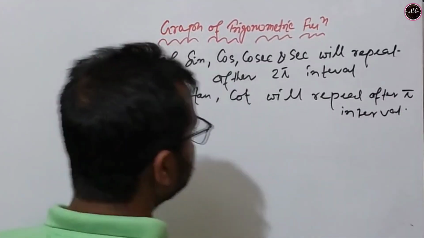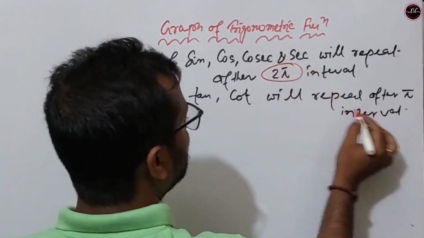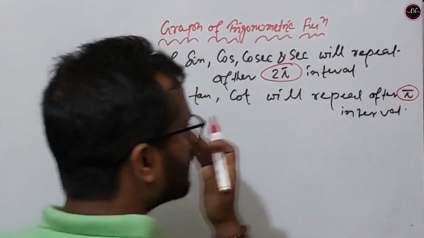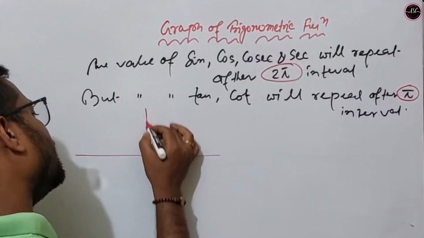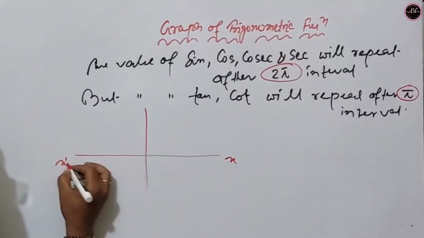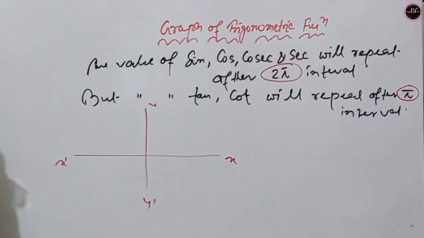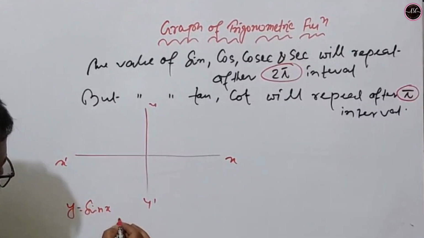By this condition we can draw the graph. Just look at the board, how will the graph be? Here are the x and y axes, x dash and y dash. Now we will first find y equal to sin x.